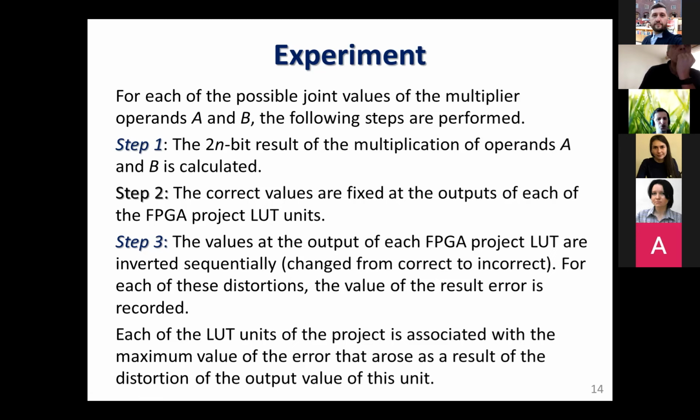The values of the output of each FPGA project LUT are inverted sequentially, changed from correct to incorrect value. For each of these distortion values, the result error is recorded. Each of the LUT units in the project is associated with the maximum value of error that arises as a result of a distortion of the output value of this unit.